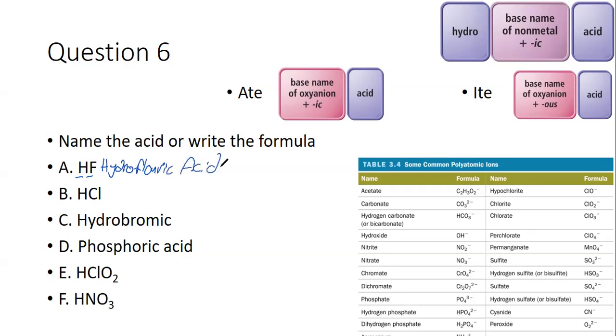Go through the list and see if you can name them, following the naming scheme in the top right. When you do that, I'll tell you another fun anecdote. Those of you who have watched Breaking Bad, one of the ways they get rid of competitors is through hydrofluoric acid.